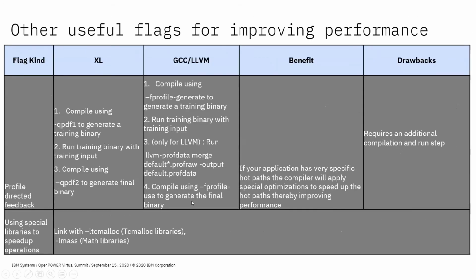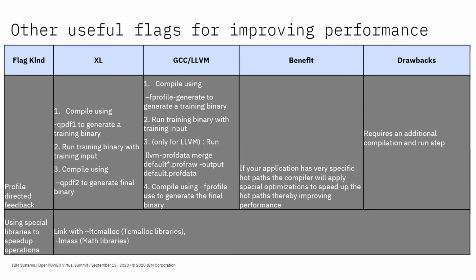Okay, so there are other useful flags for improving performance. One is obviously profile directed feedback. If your program has certain parts that are executed more often than the rest, some very special paths, then instead of the compiler trying to optimize everything, you can limit the compiler to optimize only those hot paths, because even a small improvement in a hot path will result in larger gains.